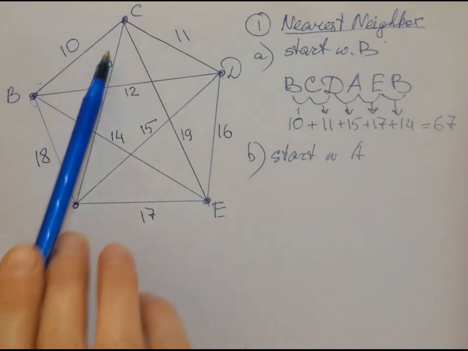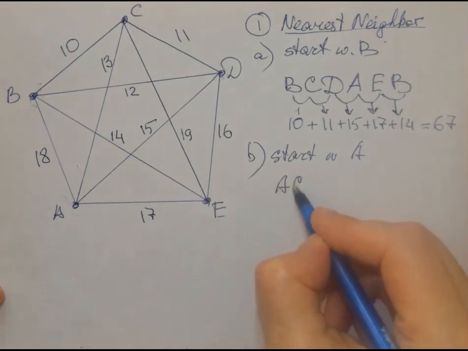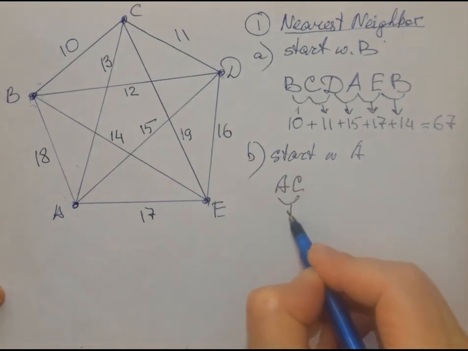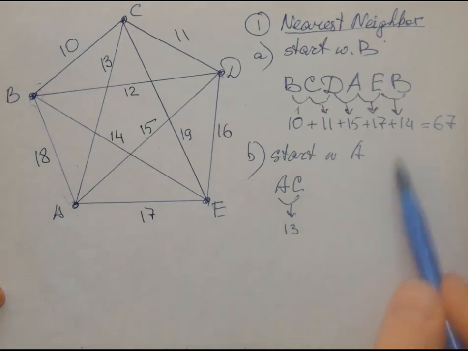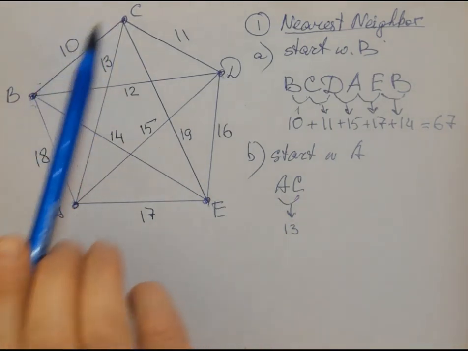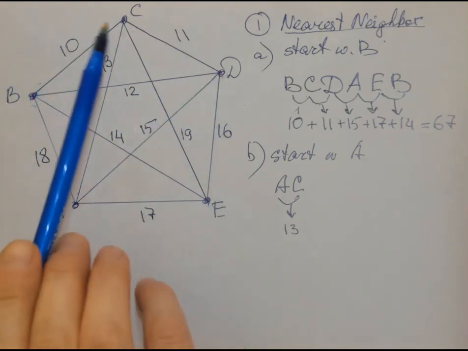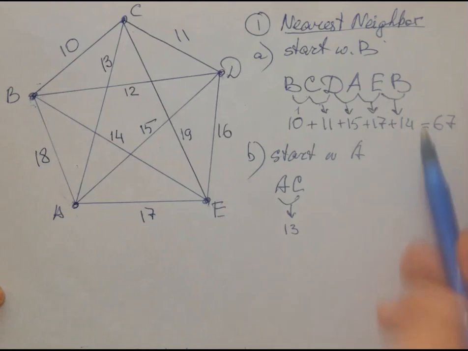The best is 13. So we'll travel to C. From C, we can go to B, E, or D. 10, 19, 11. 10 is the smallest number.